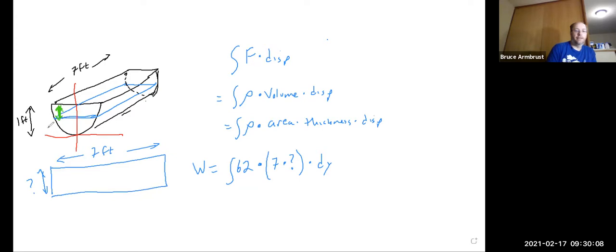We'll do that same trick as always: if it's at a height of y and it's going to go all the way up to 1, we just subtract. So our displacement is 1 minus y. That top layer doesn't move at all. As we move down, it moves further. So it's 1 minus y. And then the bounds on y go from 0 to 1, because they told us it was 1 foot thick.